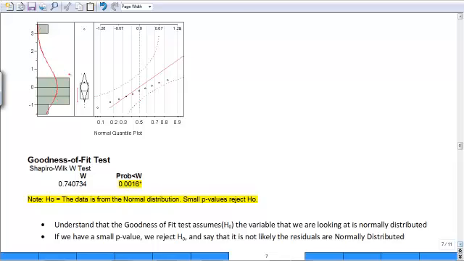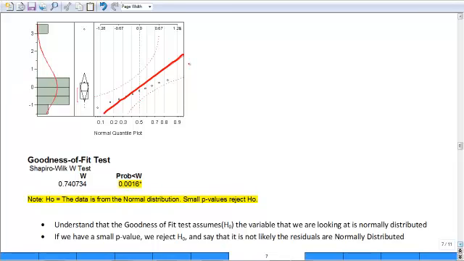So if we're looking to see if these residuals are normally distributed, the first place we're going to see a problem is histogram versus the normal curve. Second area, we've got a normal quantile plot. And the way a normal quantile plot works is it gives us a diagonal line and it translates the observations to quantiles.